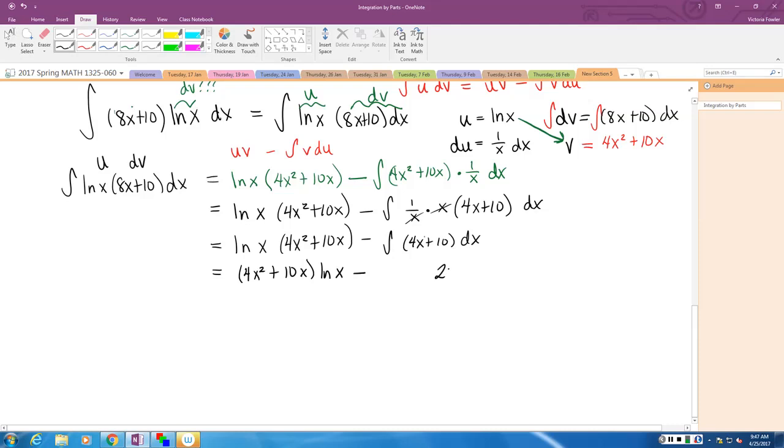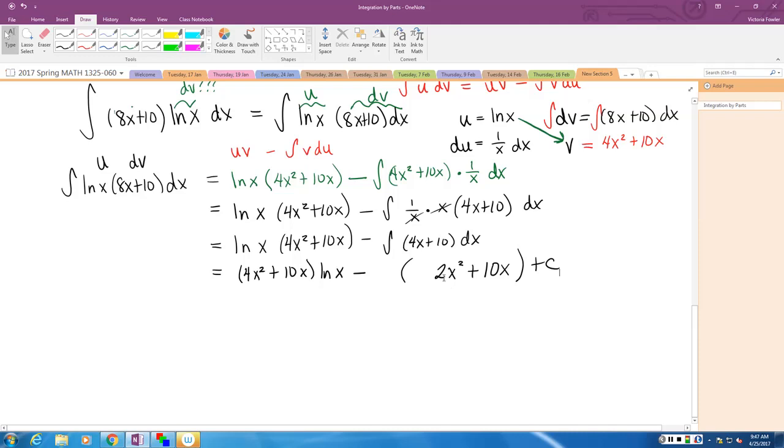So you add 1 and divide by it, so it's going to have a 2x squared plus 10x plus c, and then I've left a space. Can anyone tell me why? So notice that it says you're going to subtract the antiderivative, and the antiderivative is a quantity, right?